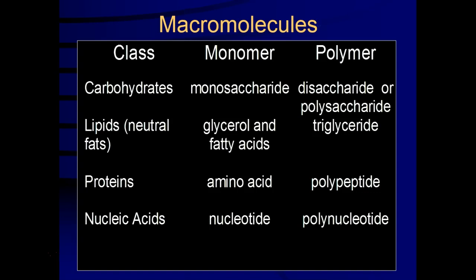Now, this is a very important table. This is a table that you need to treat like your significant other. If you love somebody, you want to know everything about them. I want you to treat this table like your significant other.